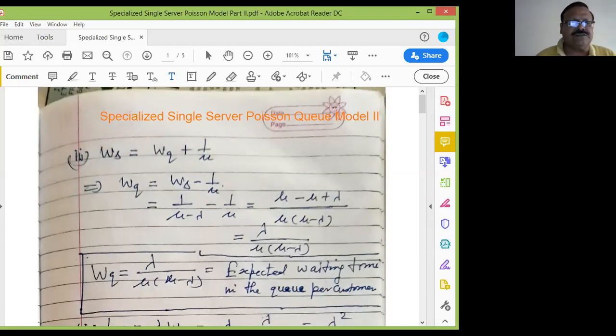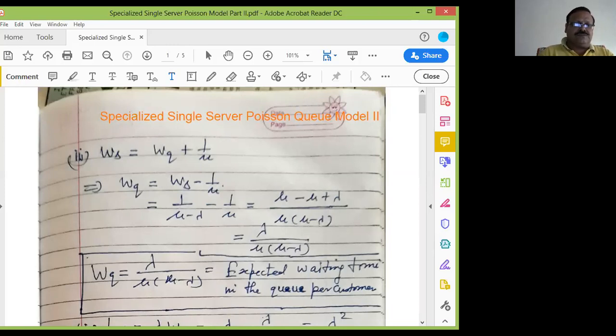The first was the expected number of customers in the system. And we also discussed the expected amount of waiting time in the system. So now there are some remaining performance measures of the queuing model which are expected to be studied by us.